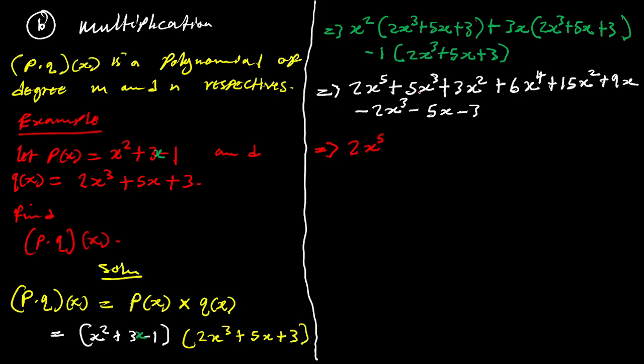Then 5x cubed, is it having a friend? Yes, it is having a friend. So that one and that one, they are together. So 5x cubed, do we have another cubed here? So let me just quickly look at cubed.